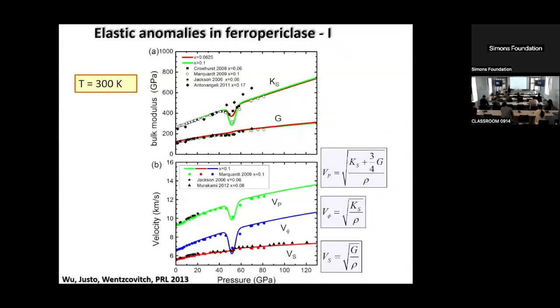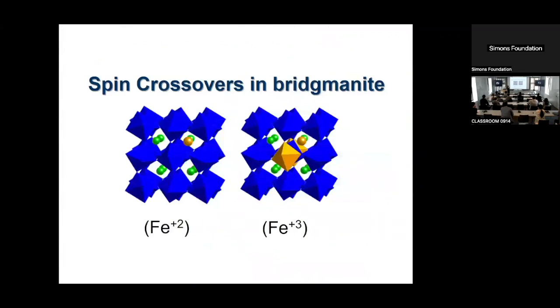That's all that was done in this calculation to get this level of agreement with the experiment. So this is VP, the shear velocity, and the bulk velocity that we like to analyze. There is decent agreement as a function of pressure at 300 Kelvin as well, if we do this shift of 0.2 eV per iron in the high spin state.